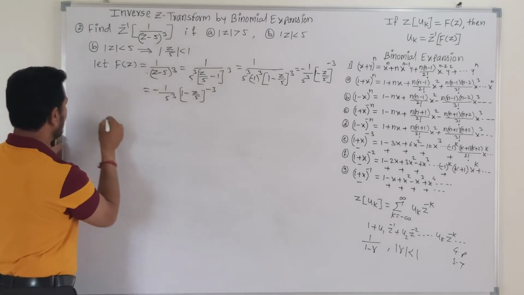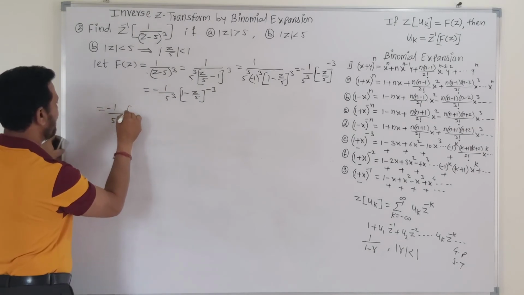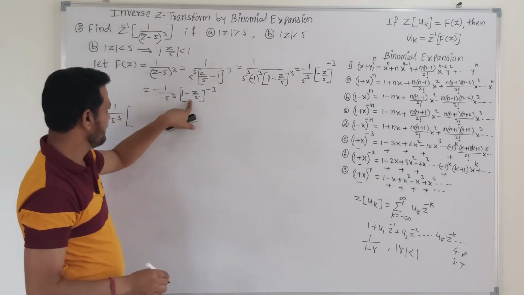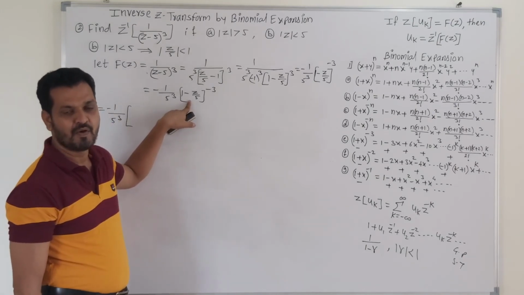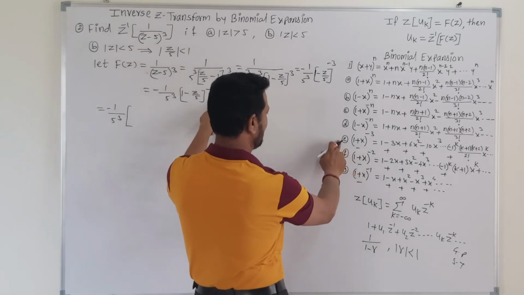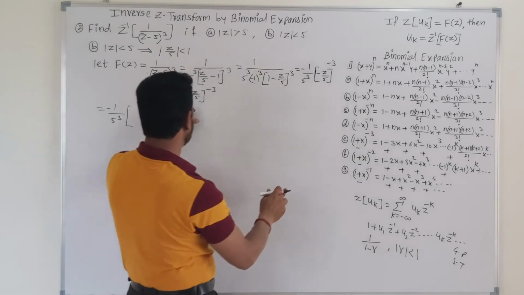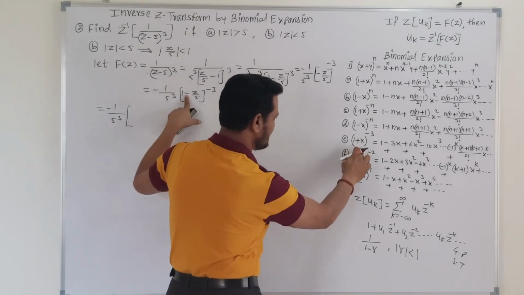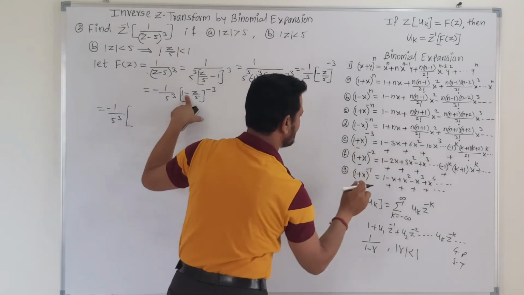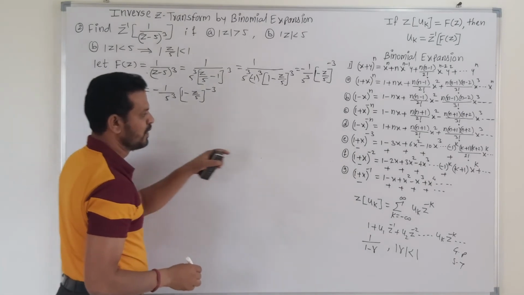So now friends, try to expand this term. So this is minus 1 upon 5 as it is. Now if we try to simplify this term, 1 minus z by 5 it's raised to minus 3 with the help of this equation or this formula number E, then we get this as, here middle sign is minus, so minus sign is there, so we can write everywhere plus. So first term is 1 plus 3 into x.